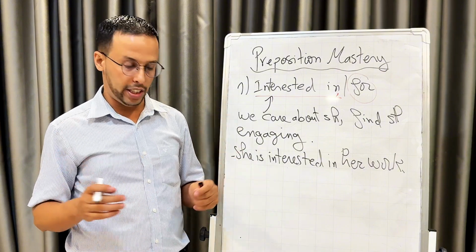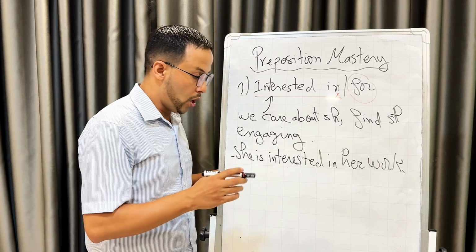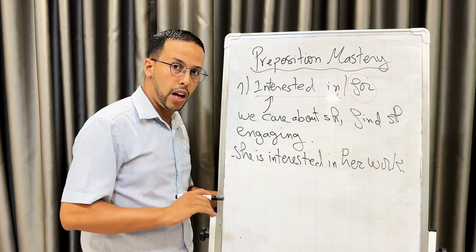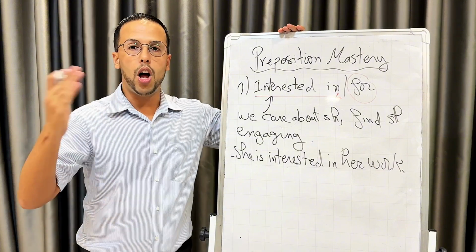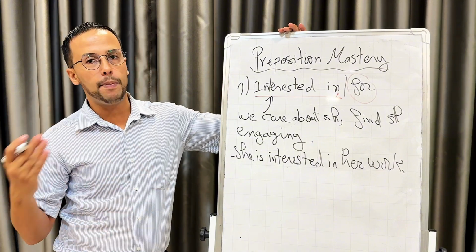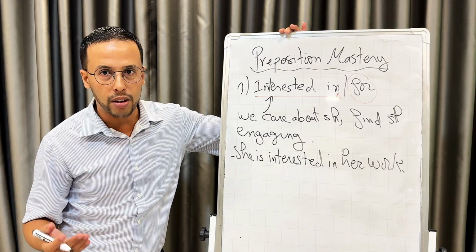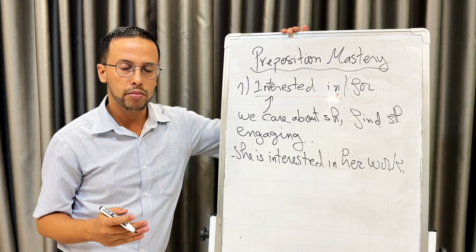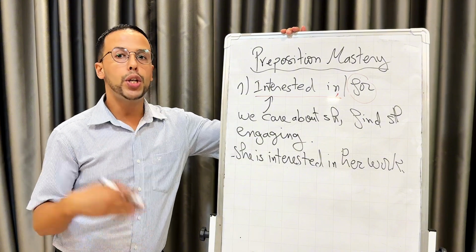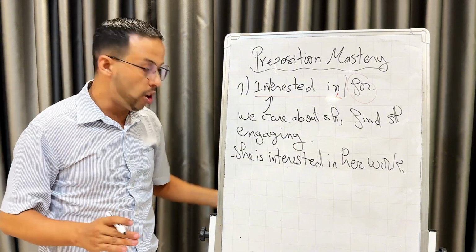So please, interested in, not interested for. So always remember, when you talk about something that you care about, okay? You find it engaging, exciting, you use interested in, but never for.